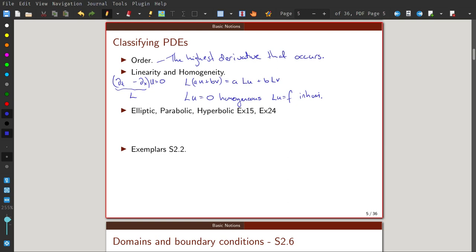Okay, so often we treat the homogeneous situation first, and then we treat the inhomogeneous case as an extra addition to this.